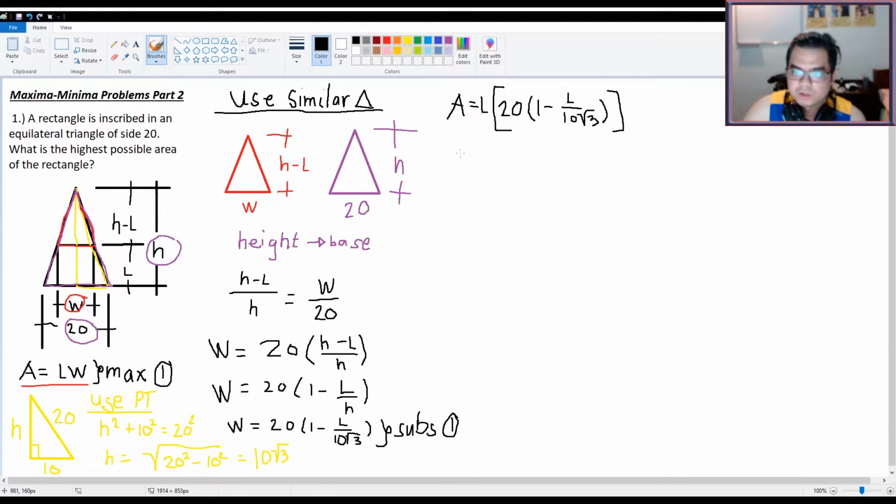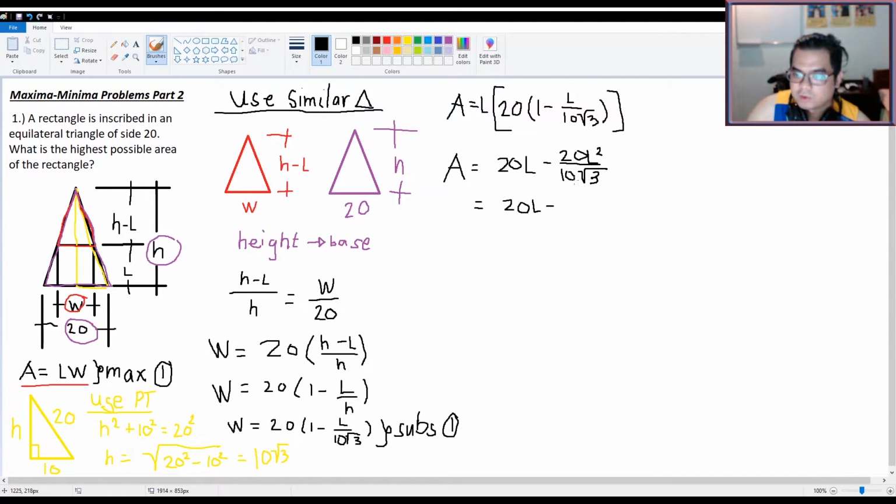Okay, so distributing 20 and L at the same time, you'll have 20L minus 20L over 10 square root of 3. Oh, this must be squared. L squared.